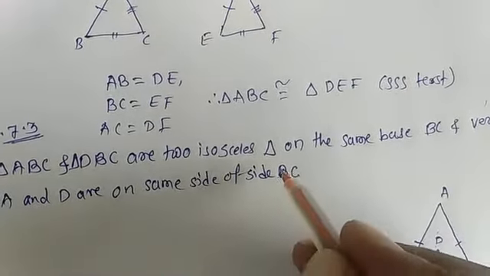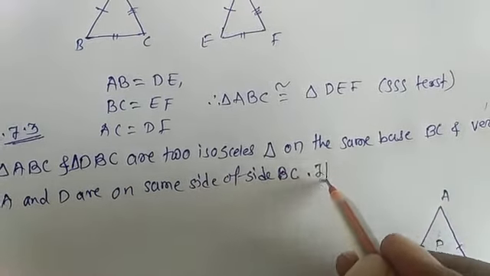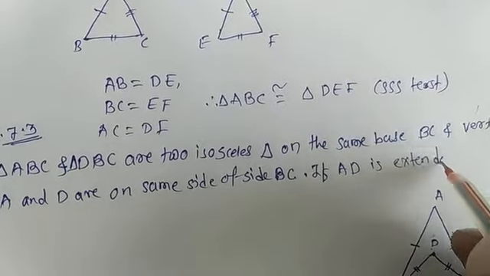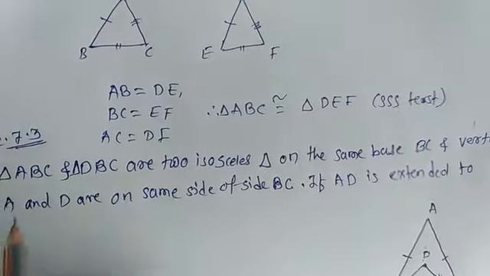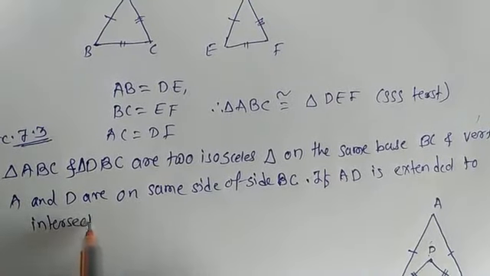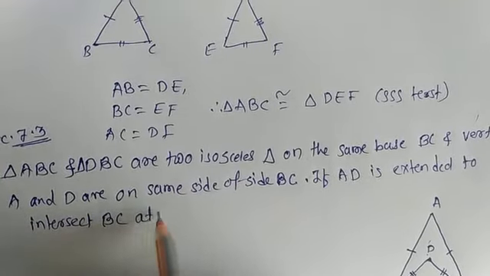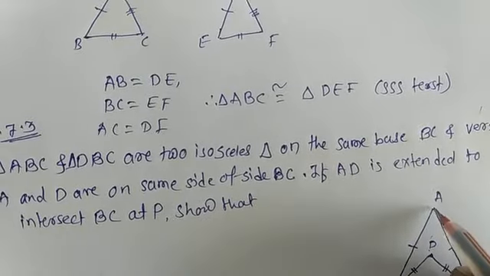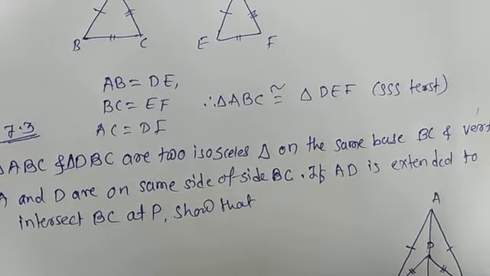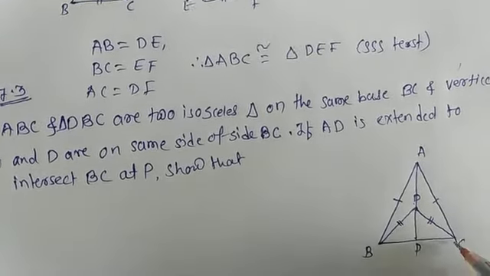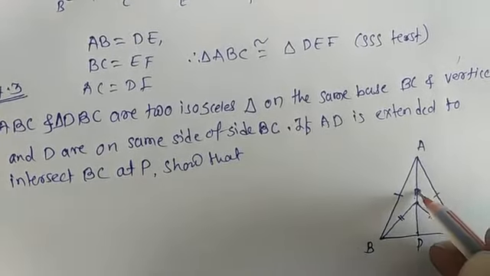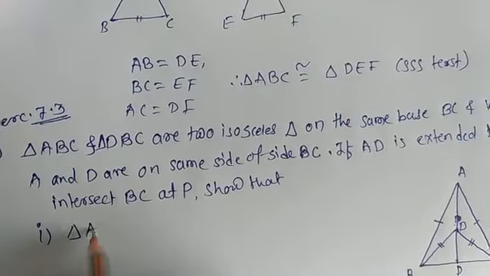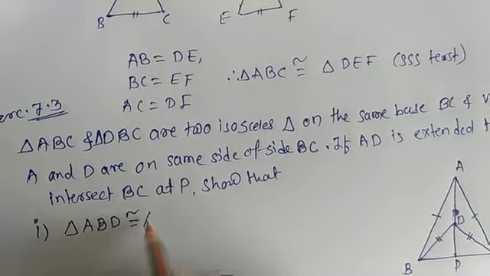Now if AD is extended to intersect BC at P, show that: first, triangle ABD is congruent to triangle ACD.